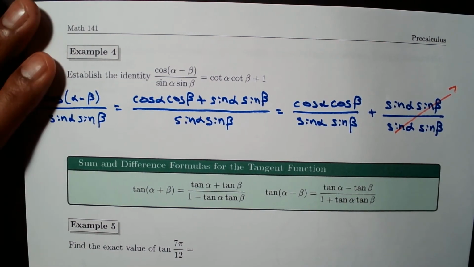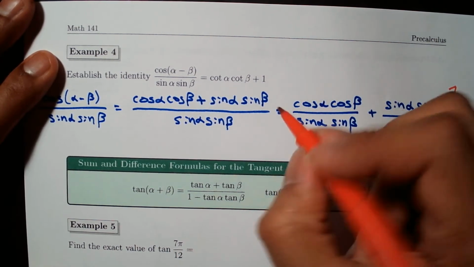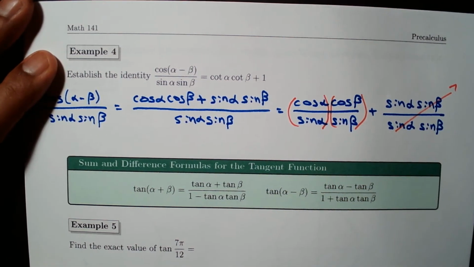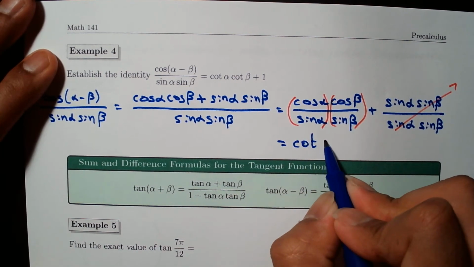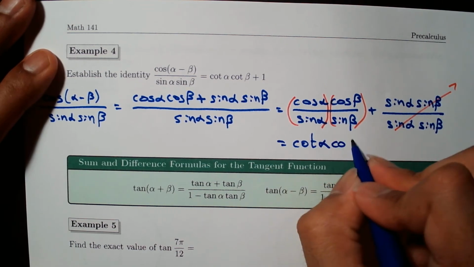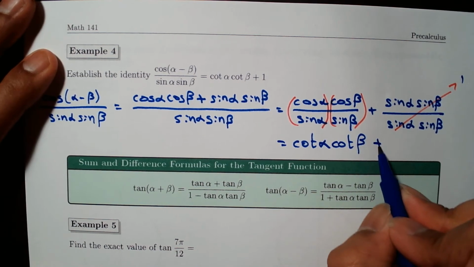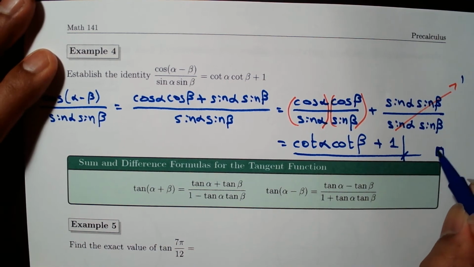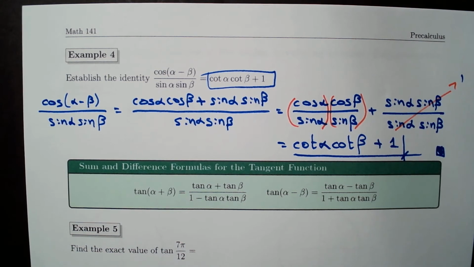But in this case, pairwise, cosine alpha over sine alpha, cosine beta over sine beta, this is cotangent of alpha, and this is cotangent of beta, and this goes to 1, that's simply plus 1, which is exactly what we wanted to show, isn't it? That's what we wanted to show.